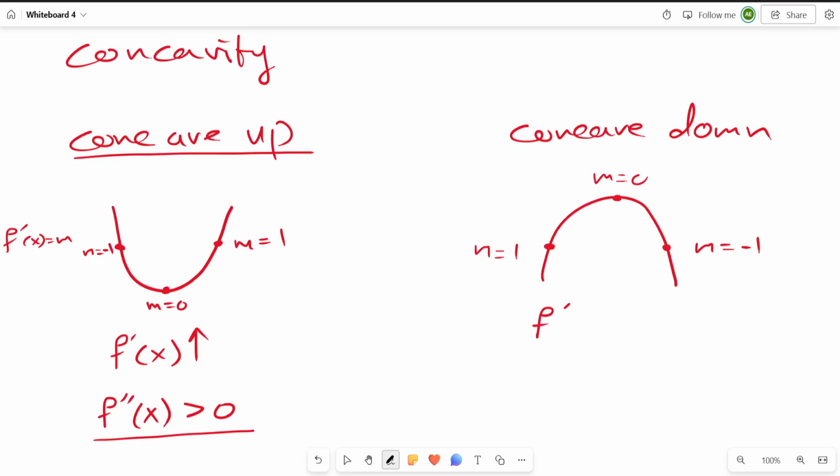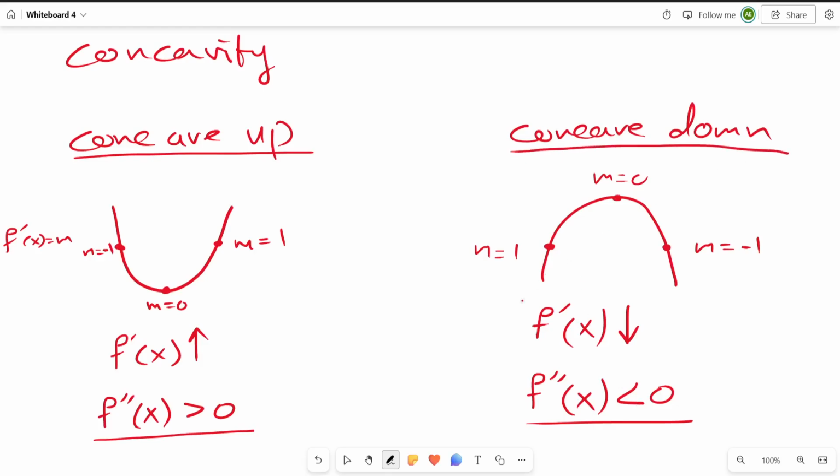So the slope or the gradient or the first derivative is decreasing. And we know that when something is decreasing, its differentiation is going to be less than 0. So when the second derivative is less than 0, that's when we say that the function is concave down. So these are the tests that we do to test if the function at this x is concave up or down.